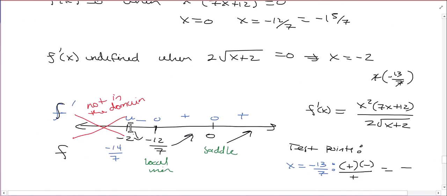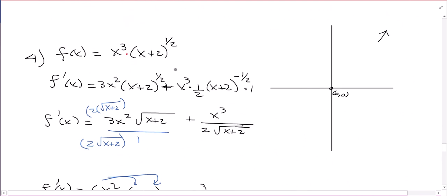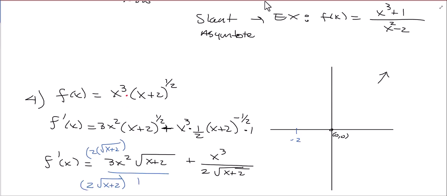The domain starts at -2, it decreases, and then it increases, and it does a saddle as it continues to increase. So if I put my -2 here, let me change the color. All right, so we know that it decreases, and then at -12 sevenths we have a local min, and it will be a good idea to find what the y value is.